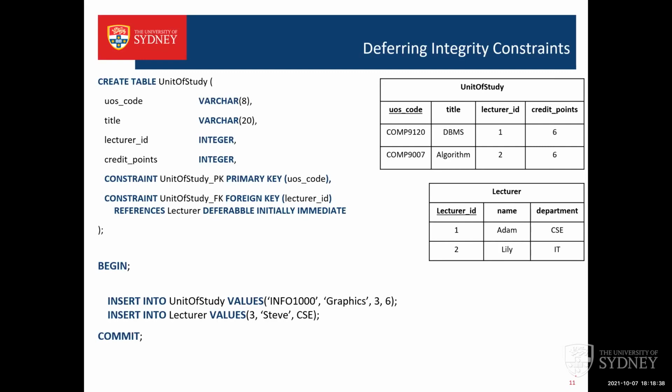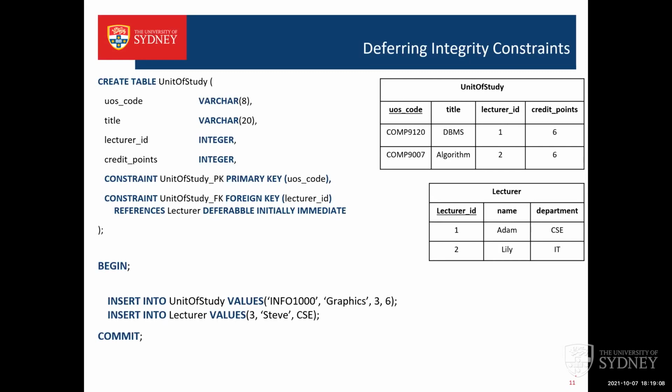Anyone have any idea? Insert into unit of study the values that I want to insert, and then insert into lecturer values 3, Stephen, CSE. What do you think will happen? Will we be able to insert the data?